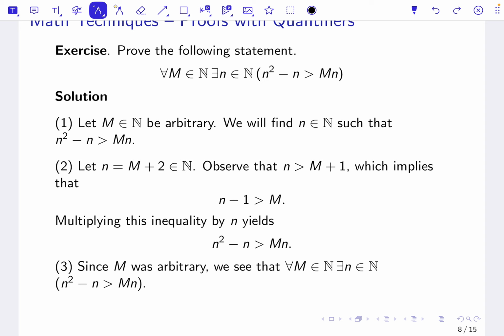Assume that it's true. Solve for an existentially quantified variable. And then, once you have a value that seems to work when you assumed that the inequality was true, use that value to prove that the inequality is true.